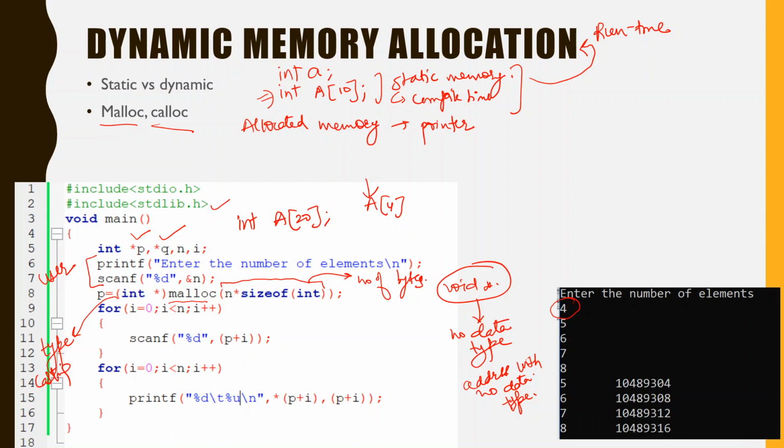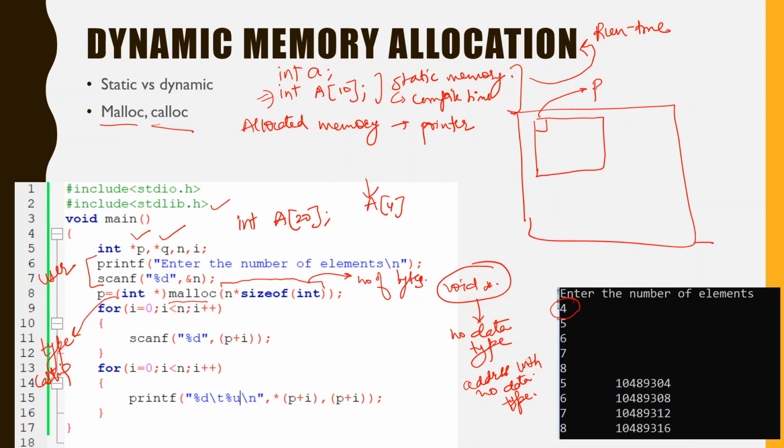So the address returned by malloc is converted into an address which is going to store integer elements. What happens when malloc is used? A block of memory in the complete memory, this is your complete RAM, is allocated, and its base address is returned to p, which is the pointer variable.